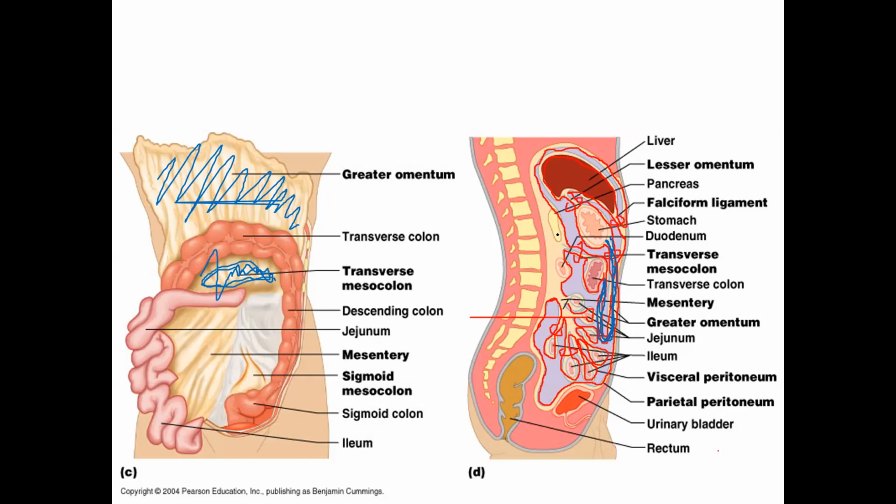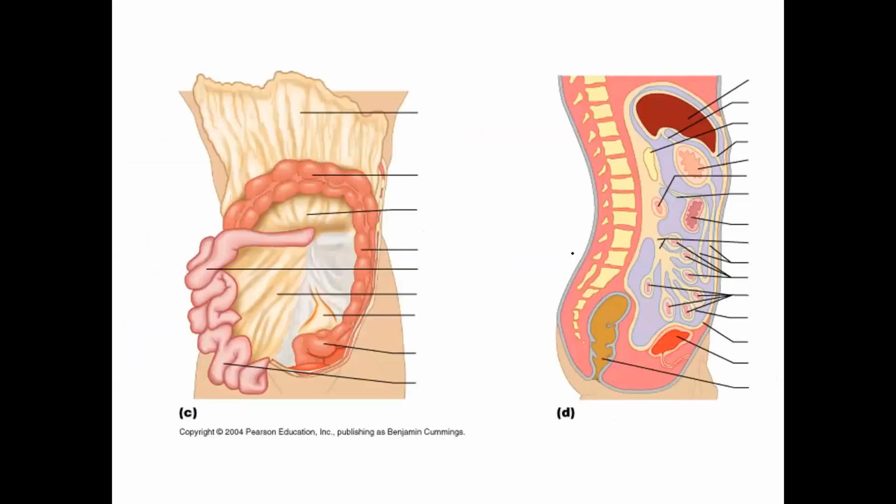So on the sagittal view, that is going to be here. I hope you got it. All right. So that's the mesentery. Now let me give you the specific names of these mesenteries.